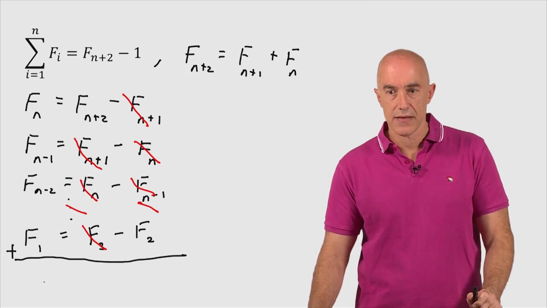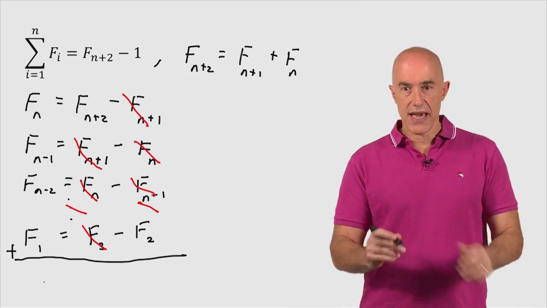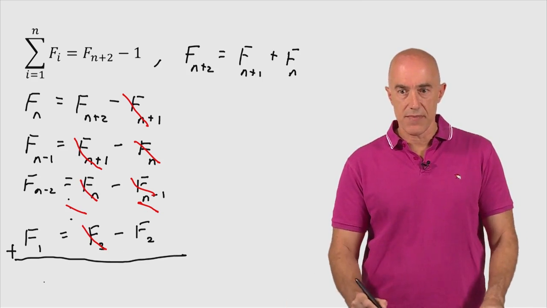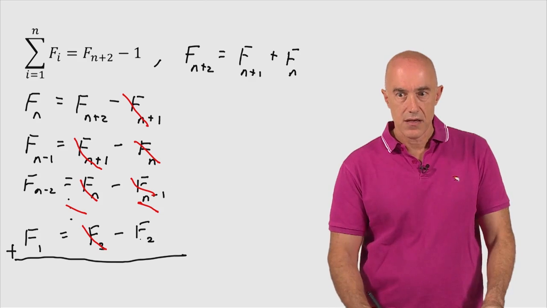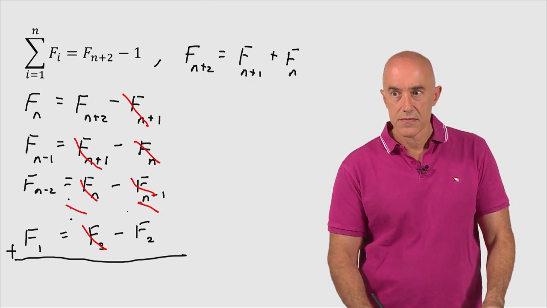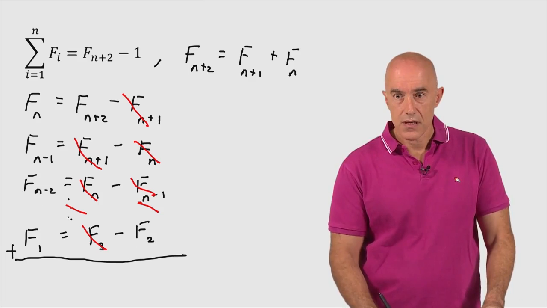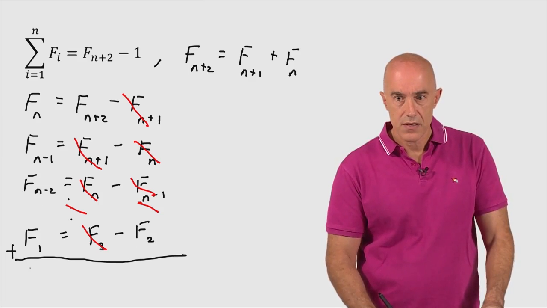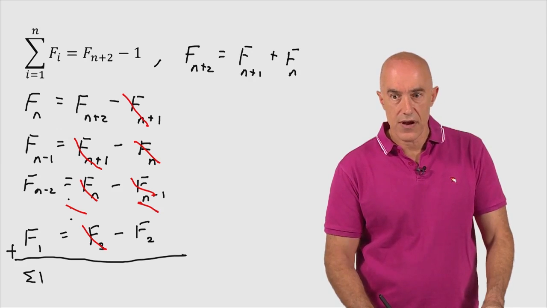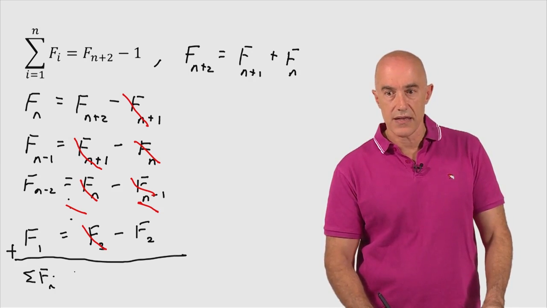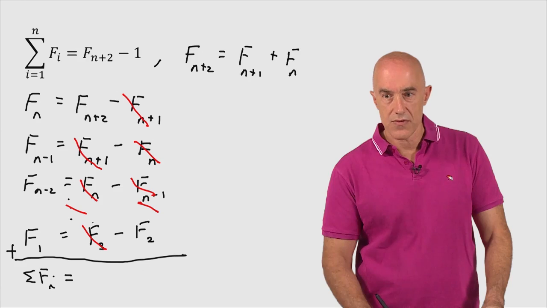Go back to black. So what do we get at the bottom? We get the sum on the left-hand side, the summation of our f sub i's, right? The sum from i equals 1 to n. And then we have 2 pieces left.